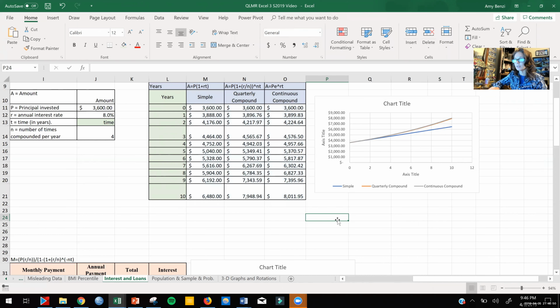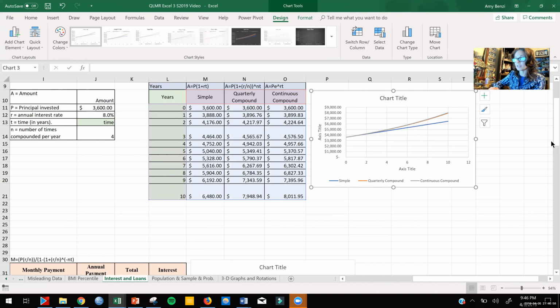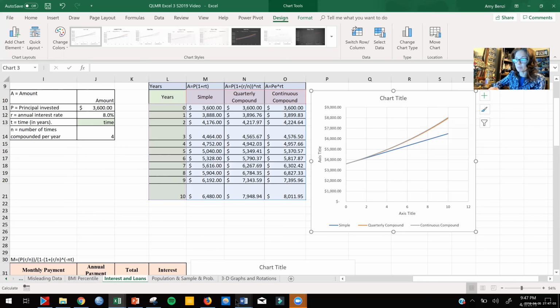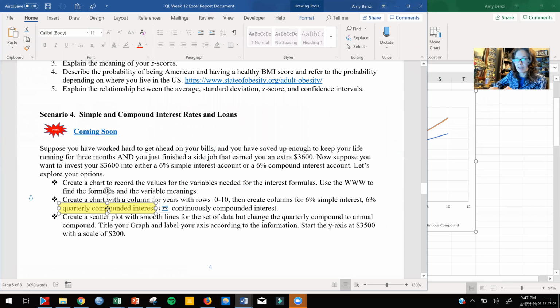All right, so here we are. Now, the instructions say to insert this chart, and they tell us to do a couple of things here. First of all, we are going to start our y-axis at $3,500. And then we're going to use a scale of 200.